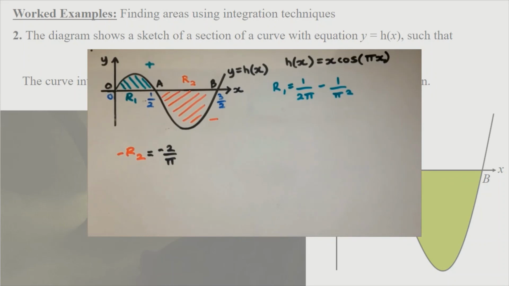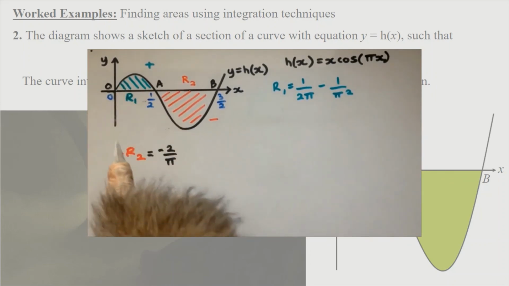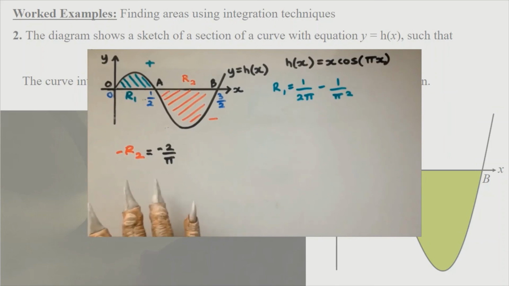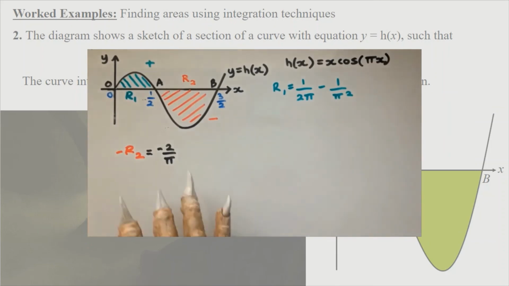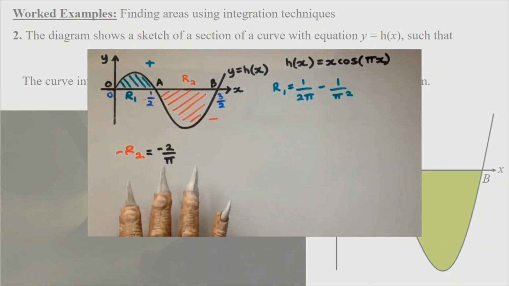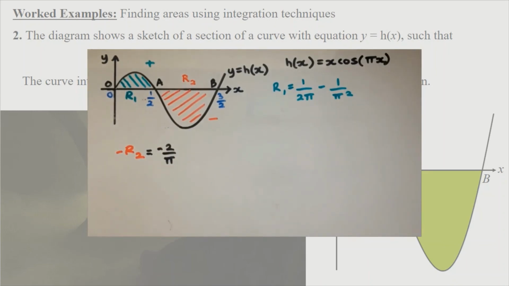Lastly, let's put all our ideas together and we'll evaluate the total area bounded between the curve and the x-axis. I've just written down the result we've just evaluated. Remember, that was -R2, the integral from 1/2 to 3 over 2, and we got -2 over pi.